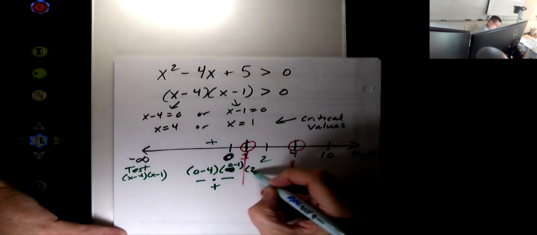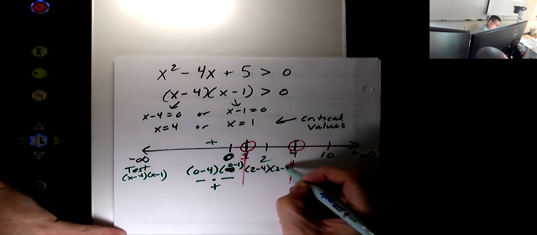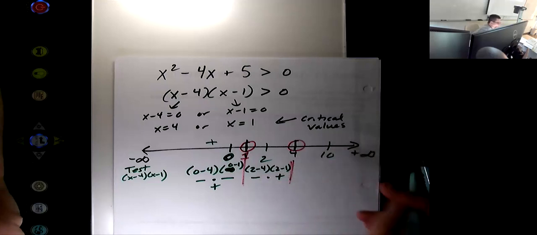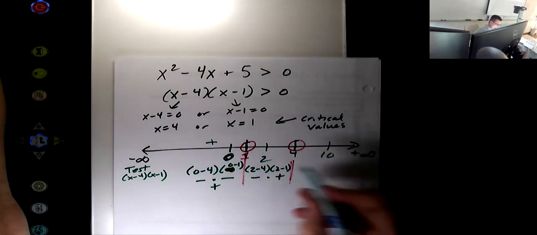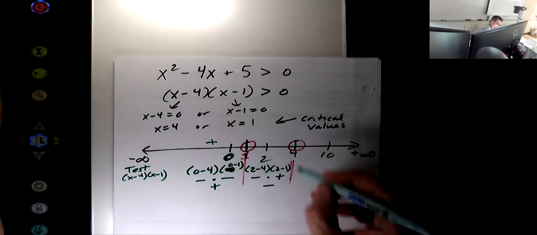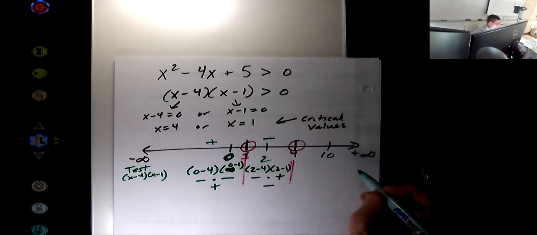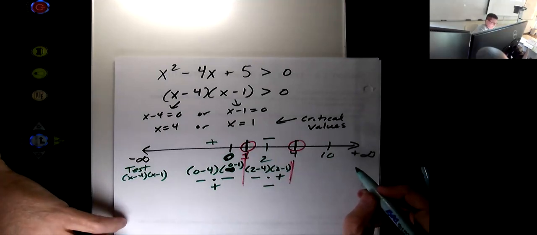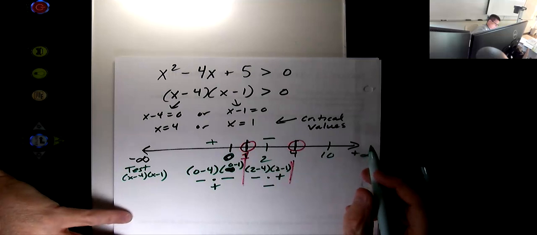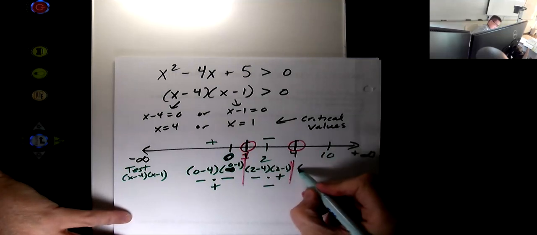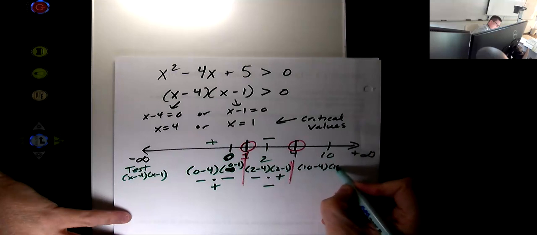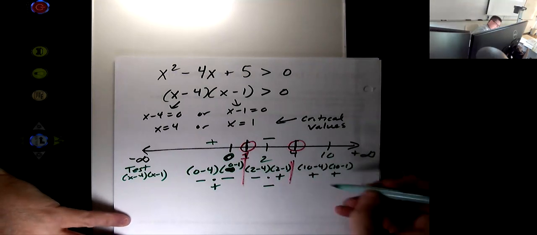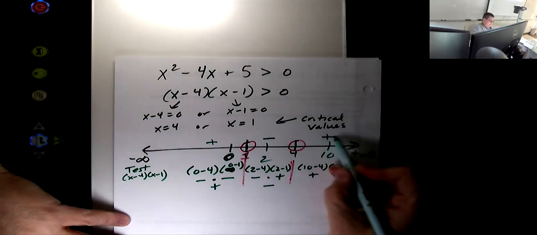Then when I plug in 2, 2 minus 4 and 2 minus 1, that's negative and that's positive. So I get a negative region here. And when I plug in 10, 10 minus 4 and 10 minus 1, that's 6 and 9, they're both positive. A positive number times a positive number is a positive number.